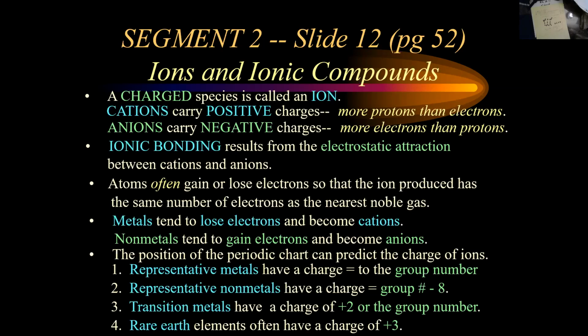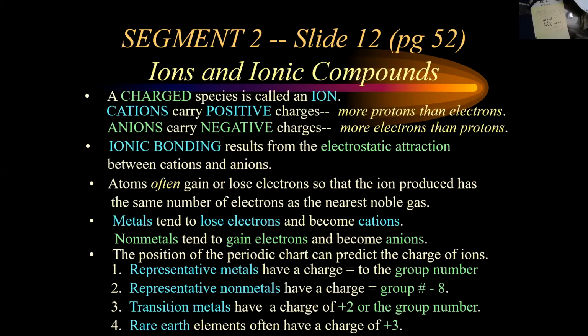Sometimes they're called inner transition elements to indicate that they are inside the transition metals. They go in between, for example, cerium through lutetium goes between lanthanum and hafnium, and thorium through lawrencium goes between actinium and rutherfordium.